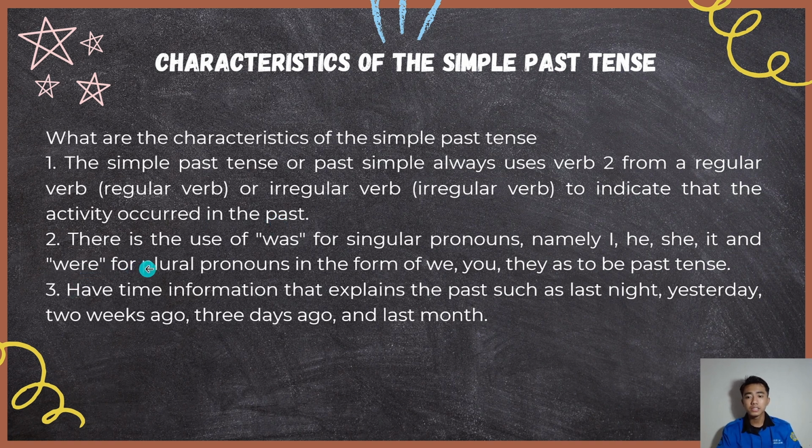Second, there is the use of was for singular pronouns, namely I, he, she, it, and were for plural pronouns in the form of we, you, they, as to be past tense. And third, it has time information that explains the past, such as last night, yesterday, 2 weeks ago, 3 days ago, and last month.